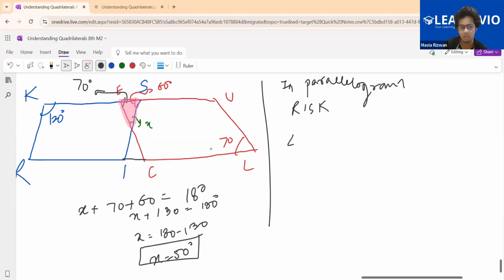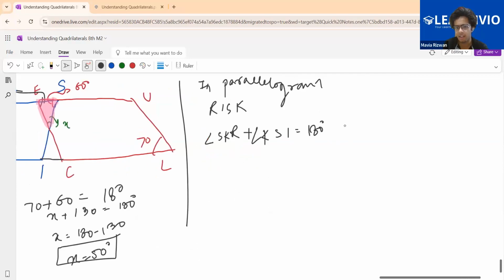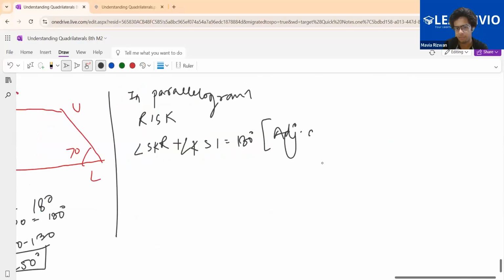Angle RKS, or angle SKR, plus angle KSI is equal to 180 degrees, and here in the bracket you have to write the reason: adjacent angles in a parallelogram are supplementary.